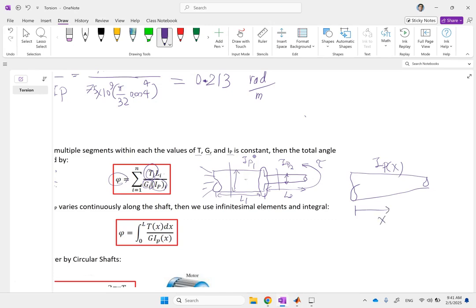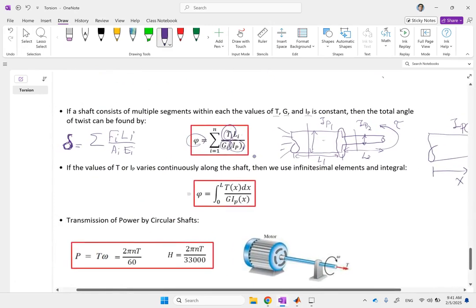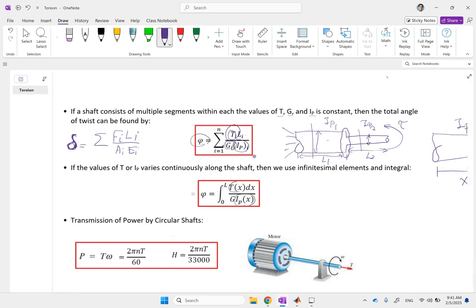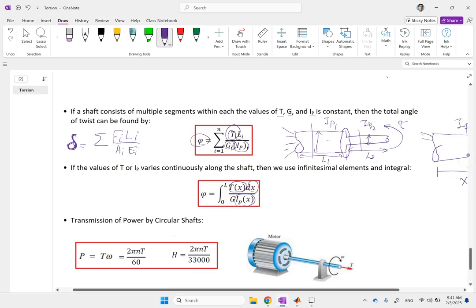In that case, you cannot add these individual terms, you have to integrate, and that is what you can see here. Phi is equal to the integral from 0 to L of T over G IP of X, where T could be a function of X or could be constant. Okay, so if you want to find phi for a conic shaft, you clearly have to find IP as a function of location, and then you integrate that.